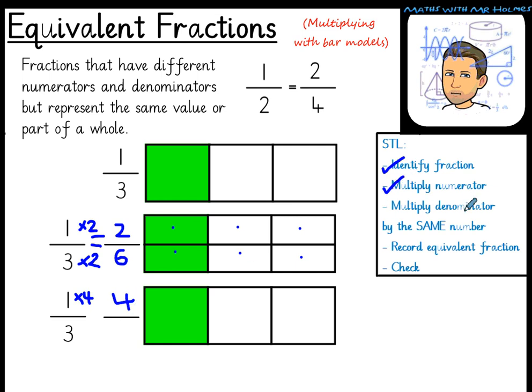We'll multiply the denominator by the same number, very important, times by 4. 3 times 4 is 12. We'll record the equivalent fraction. 1/3 is equivalent to 4/12.